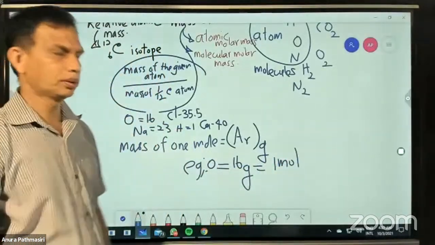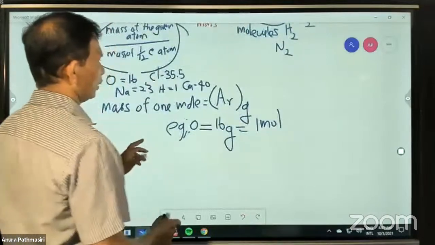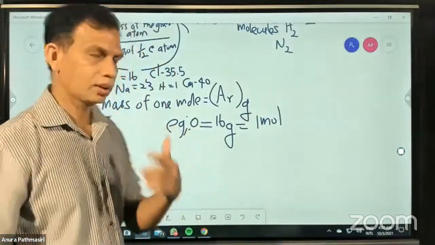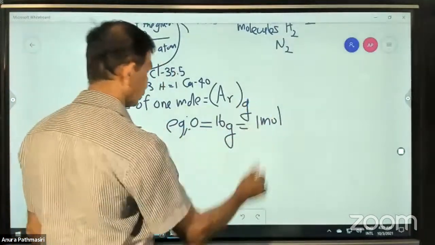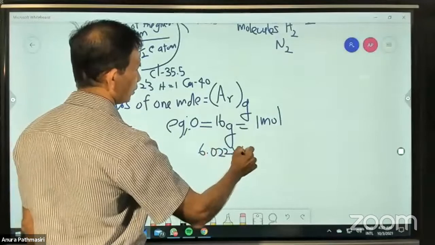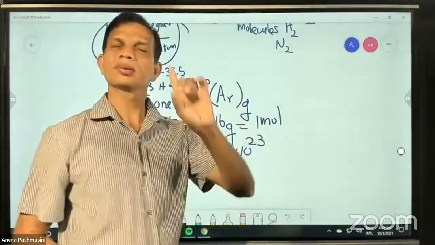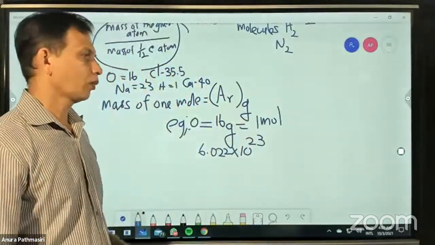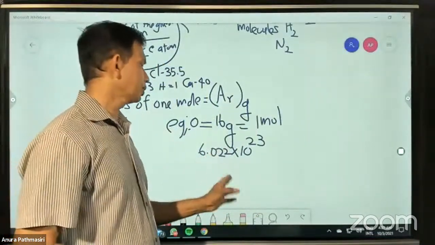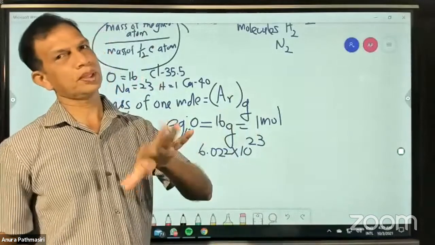You got 1 mole in 16 gram. And according to Avogadro, the amount of atoms in 16 gram is 6.022 times 10 to the power 23 atoms. So it is expressed in two ways. The 1 mole means the amount of substance which has 6.022 times 10 to the power 23 atoms or molecules.